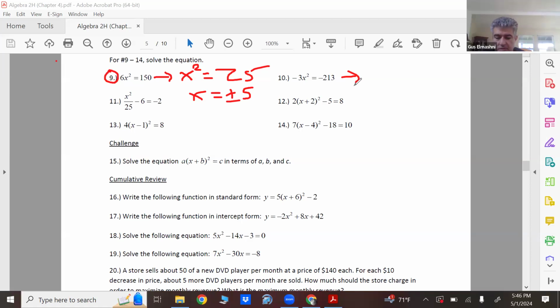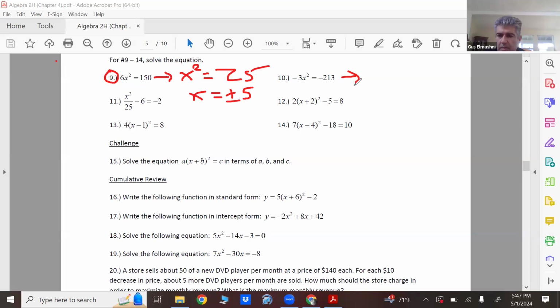Is it positive 8, or did I punch it in wrong?